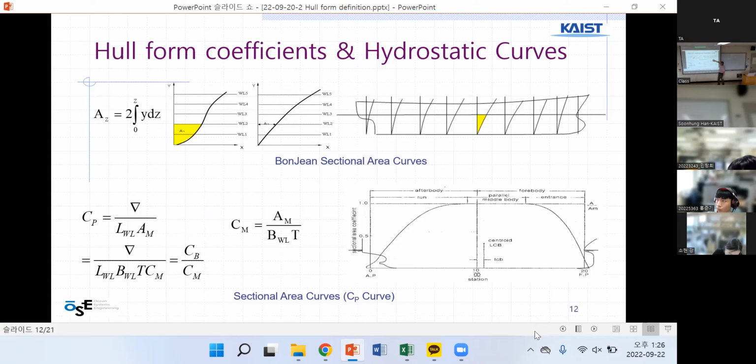And this one is converted into this. Each section area is plotted here. And then the integration of this total area, what can this area be? Can you answer? What is the meaning of the area under this curve?